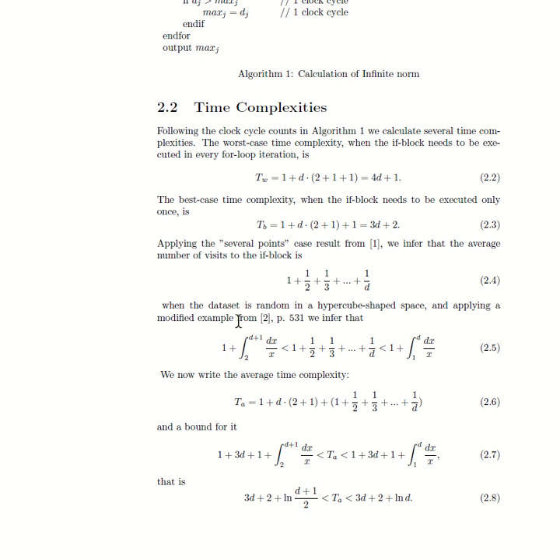This here involving integral is smaller than the average number of visits to if block, and this here is bigger than the average number of visits to if block. So the average time complexity is dA.